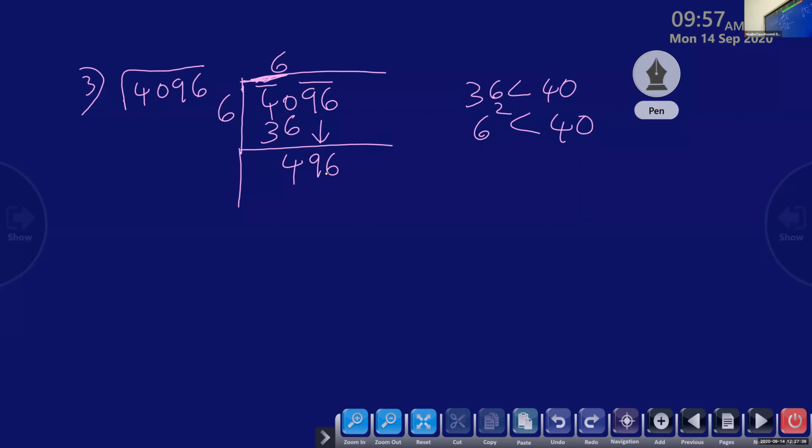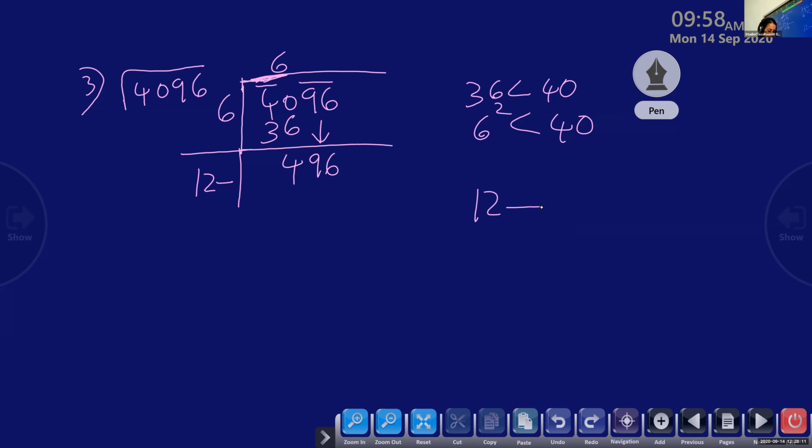496. Now double the quotient. How much will it be? 12. Put a dash. Now fill the dash. We need 496. We have to write a number on the dash and multiply by the same number. Which number?